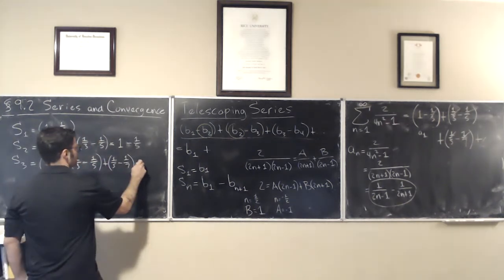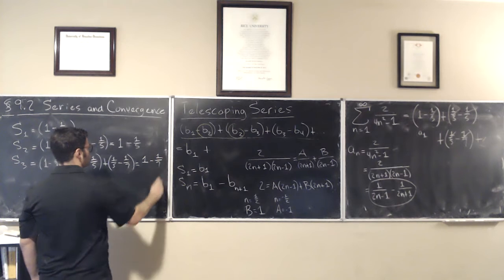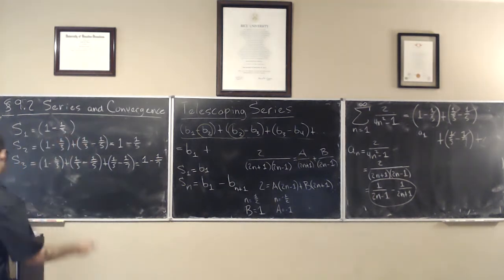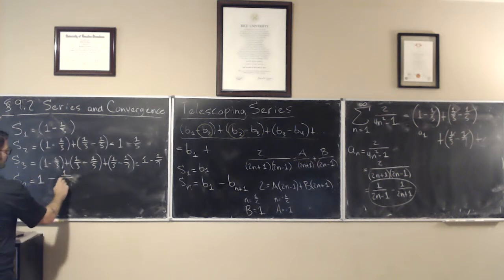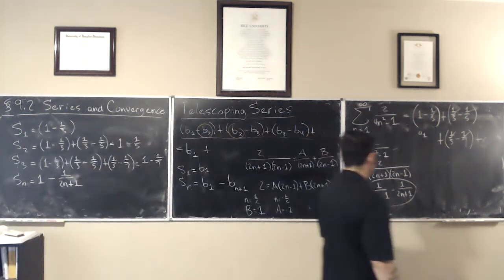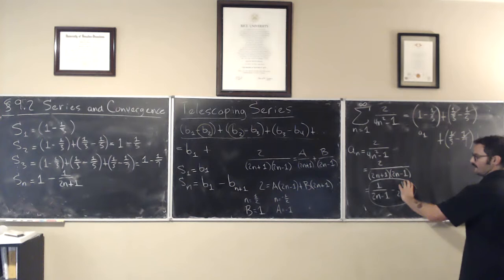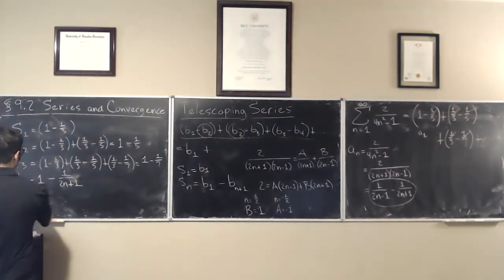But this is really just 1 minus 1/7. So what is the general form now? Well, it's just going to be 1 minus 1 over 2 times n plus 1. That very last thing is the piece that's left over in the partial sums.